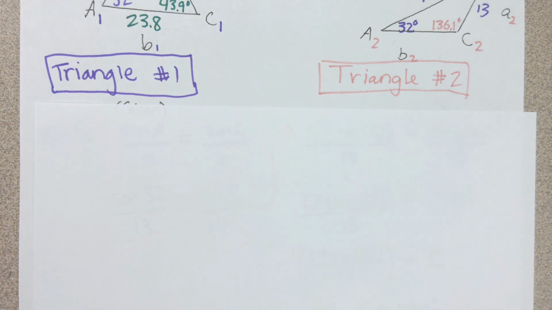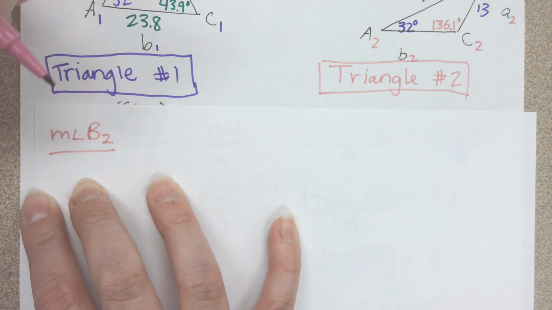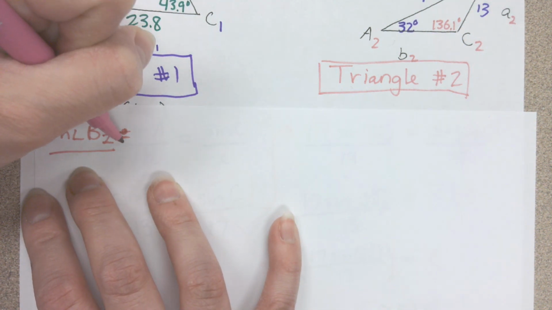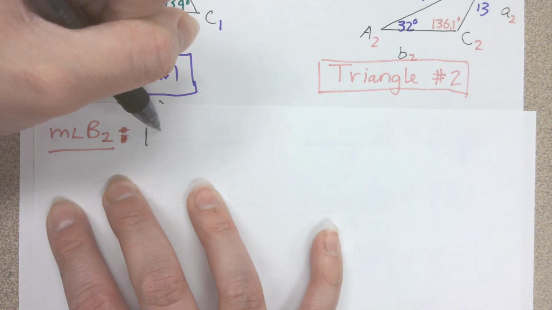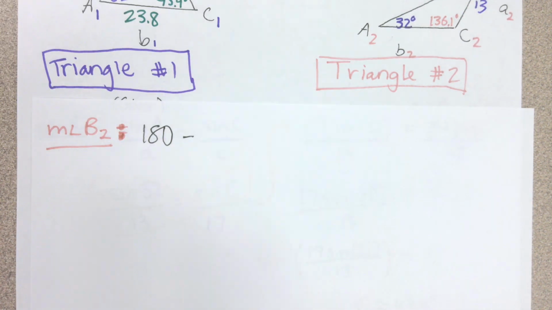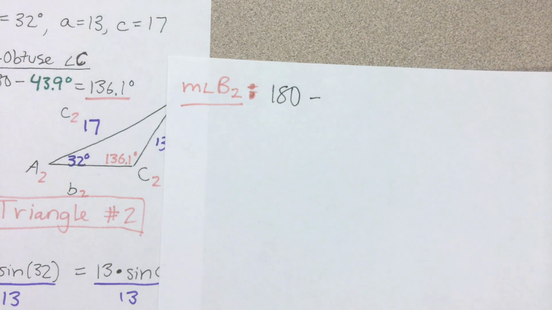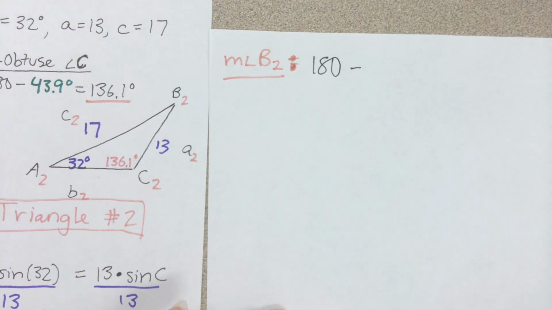Okay, so next I'm finding angle B2. So we have 180 minus, and I'm going to get that first triangle out of view here because this is where it could be very confusing if you're looking at the wrong triangle when you're writing the stuff out. So make sure you're keeping track of what you need to be looking at.